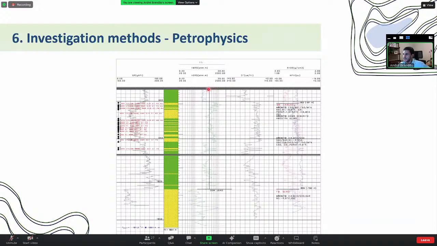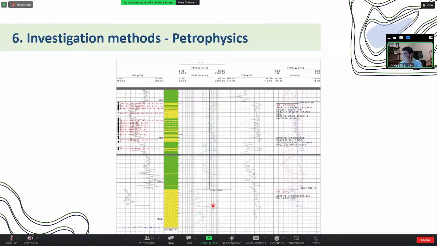In this other case, if you imagine there are similar properties here, the resistivity is way higher, basically because oil is a very resistant fluid. So here we have a reservoir rich in oil, here rich in water.